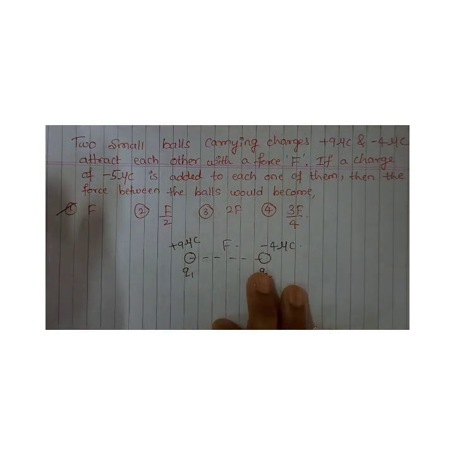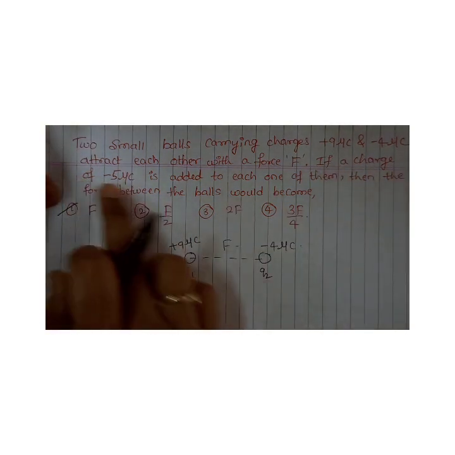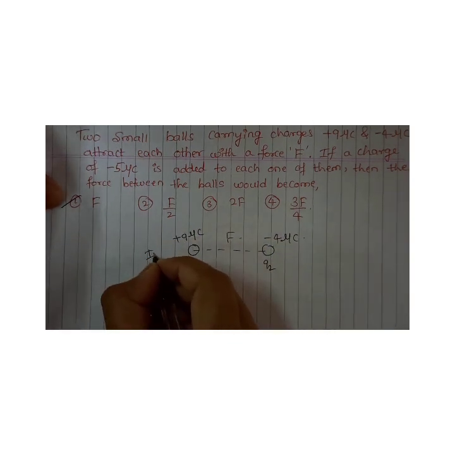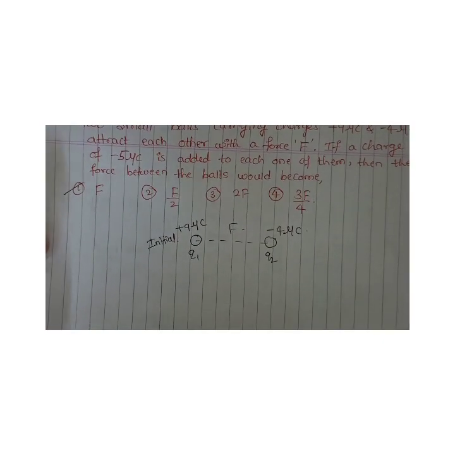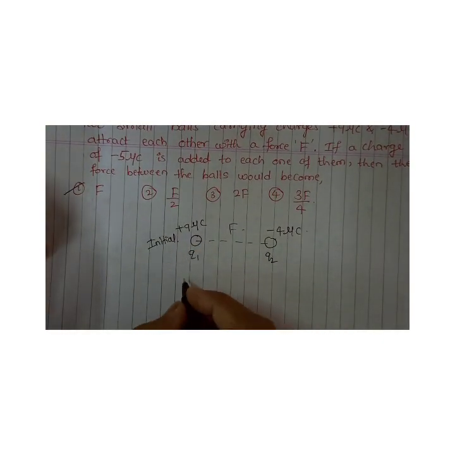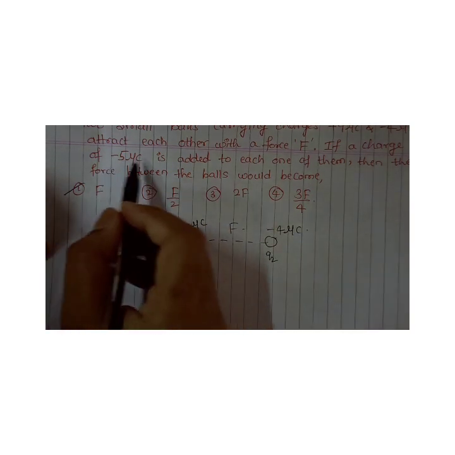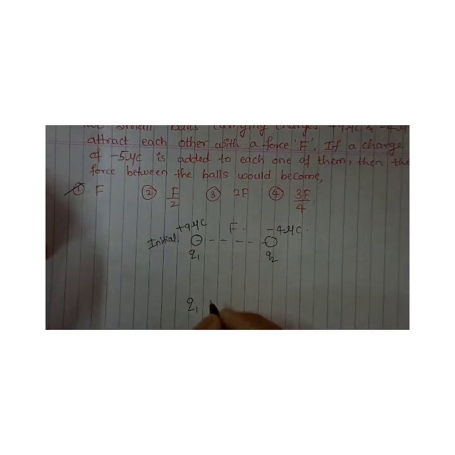Okay, now what they are saying: if a charge of minus 5 microcoulomb, so this is your initial stage. Next, to the same charges you are adding charge to each one of them. Here Q1 you are adding to, and Q2 also you are adding, how much? Minus 5 microcoulomb.